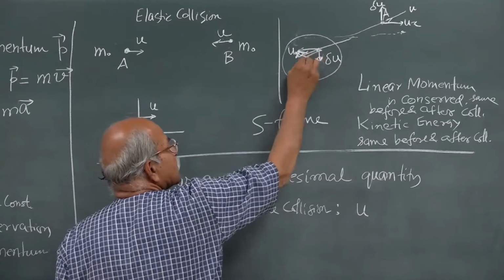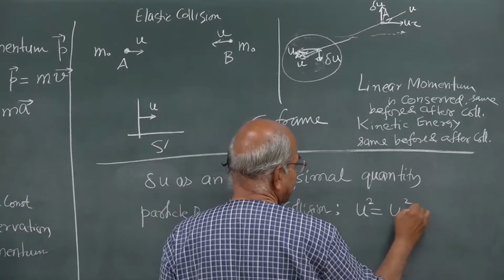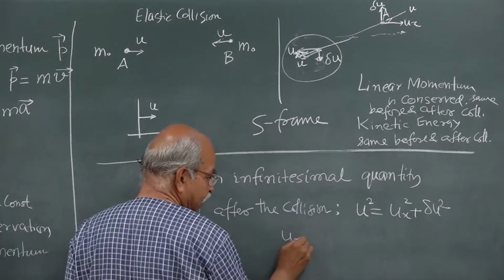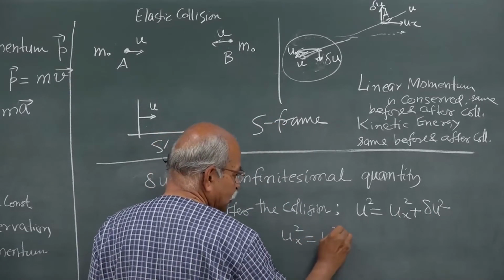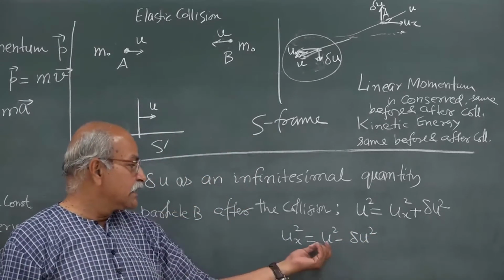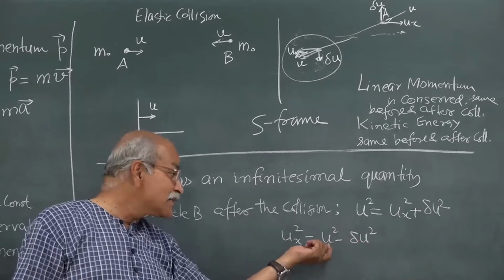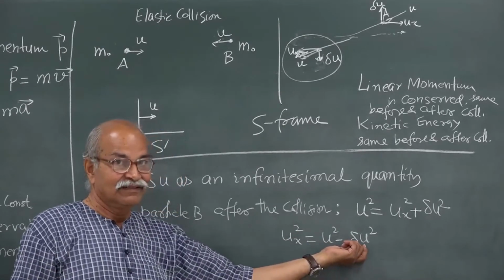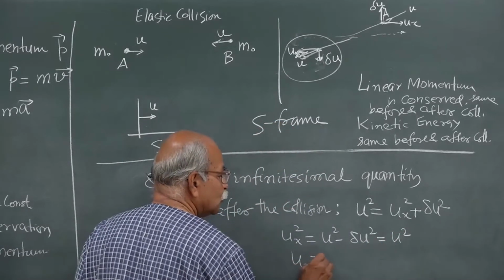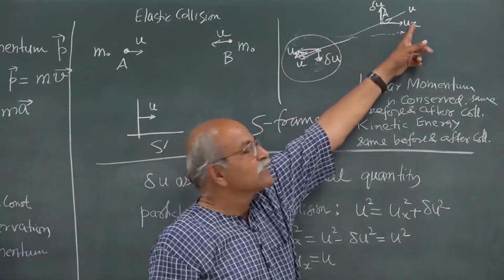So this u squared is equal to ux squared plus delta u squared, so ux squared is equal to u squared minus delta u squared. You can see that this is a finite quantity and this is infinitesimal. In the presence of this, I neglect it, and hence I can write ux as u.